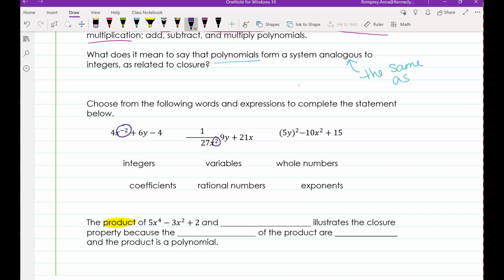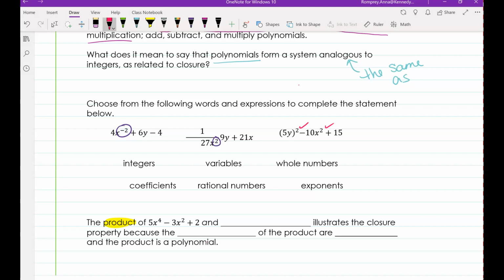All right, so last one, quantity 5y squared minus 10x squared plus 15. All of my exponents are beautiful and positive. So this one is another polynomial.